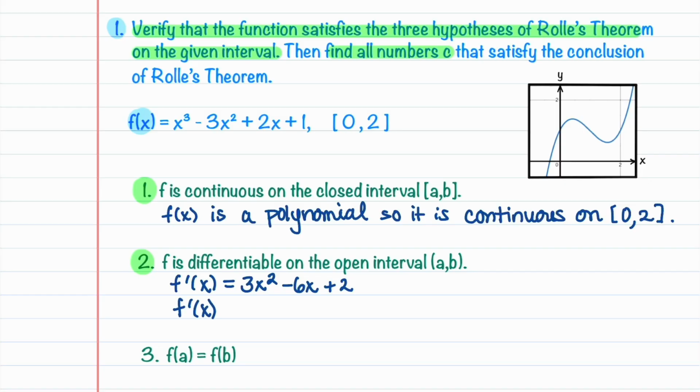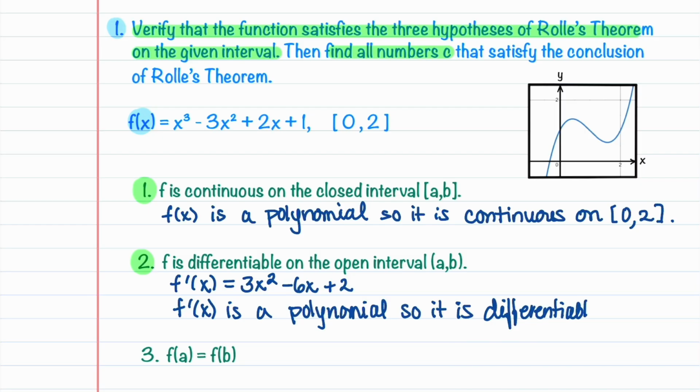F prime of x is a polynomial, so we can conclude that it, meaning f of x, is differentiable. And here's where we have to be careful. It is differentiable on the open interval. It's always continuous on the closed interval and differentiable on an open interval.